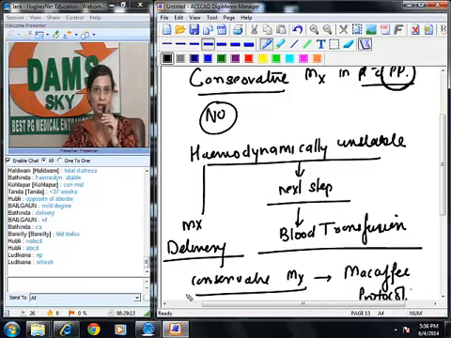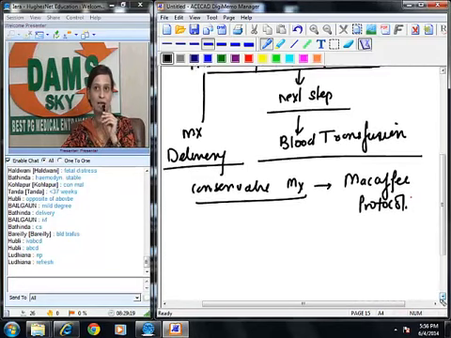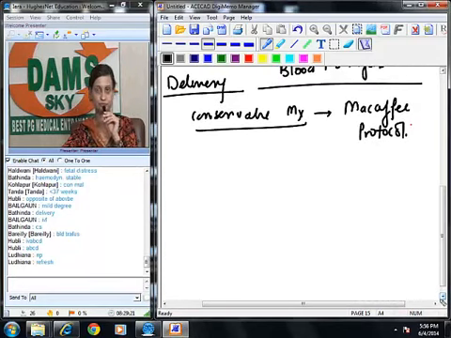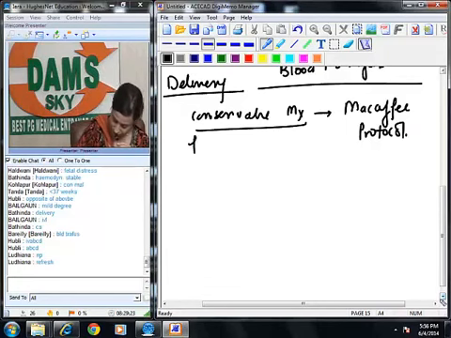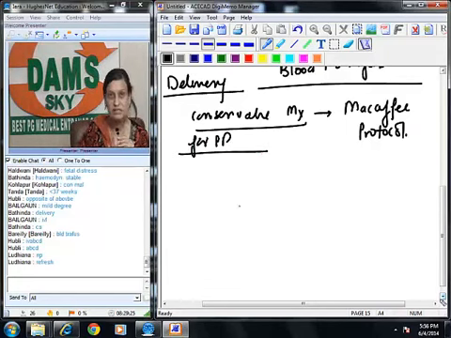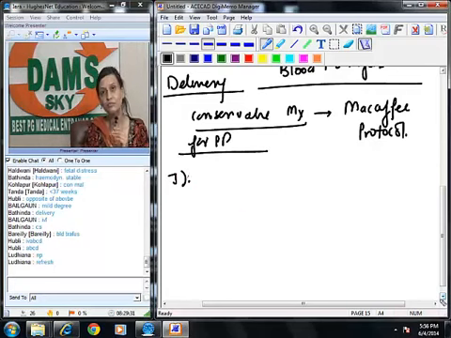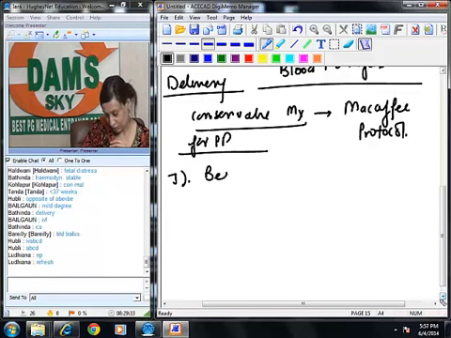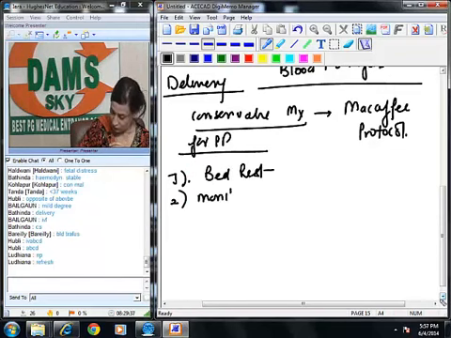So for the conservative management of placenta previa, we have a special name and it is called McAfee's protocol. What are the components of this McAfee's protocol, that is the conservative management? So in this, yes, we do give bed rest to the patient. We monitor the vitals of the mother.